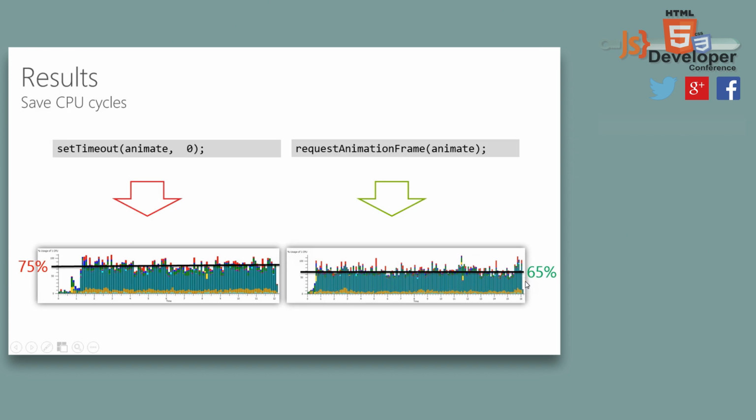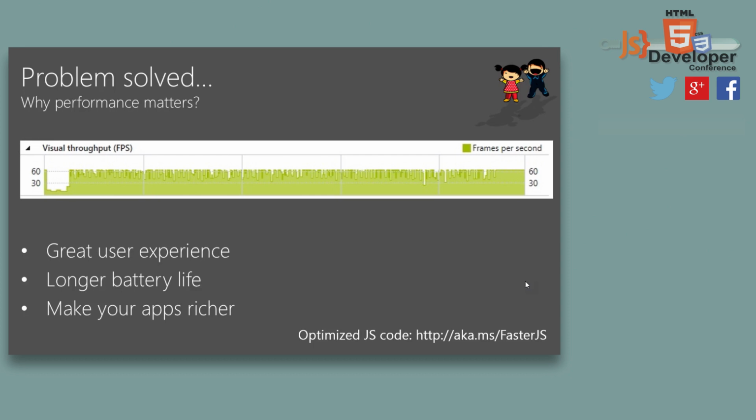And like I said, this is directly related to your battery life. By having less CPU usage, your battery life will be longer. So this is a very good tip for anybody working with apps running on phones or tablets. Okay, so this is the final result. Obviously, we still have a little dip, but you could see the performance data is more smooth.